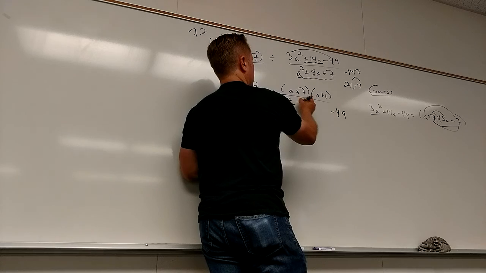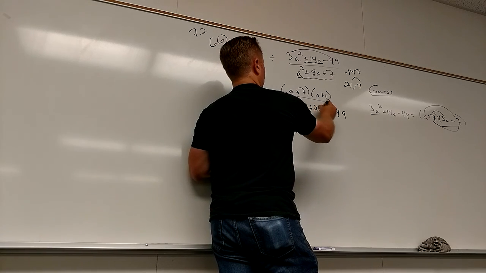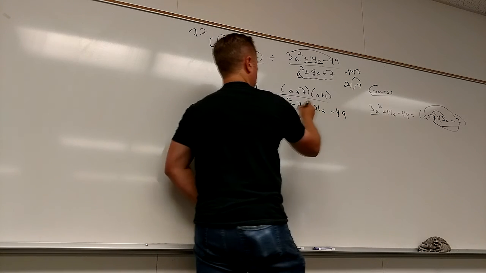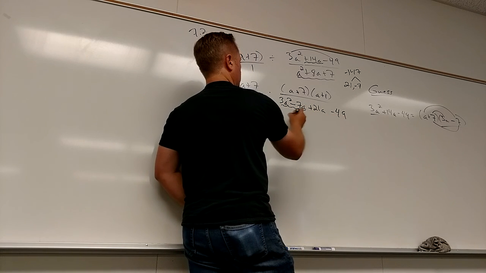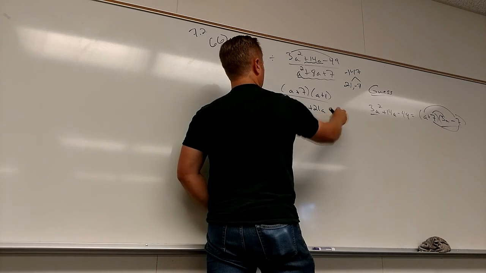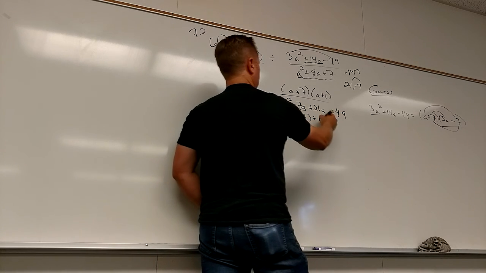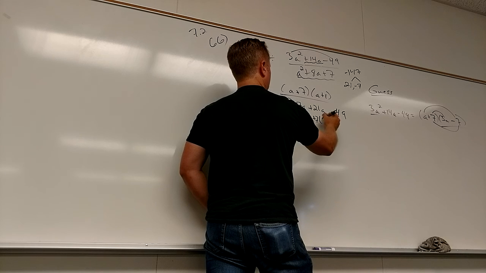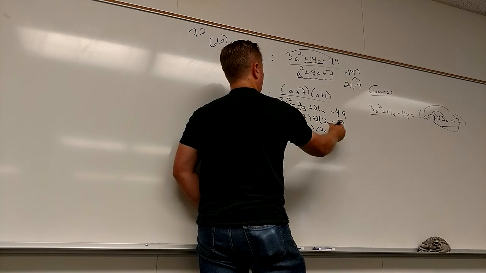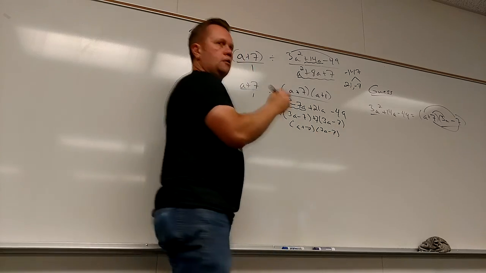So I put minus 7A plus 21A. And just keep going with this. What comes out of here? A. Comes out of here, 7. So you do end up with A plus 7, 3A minus 7. That's your final answer?